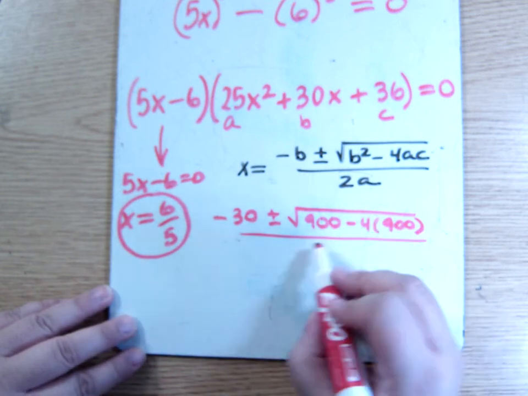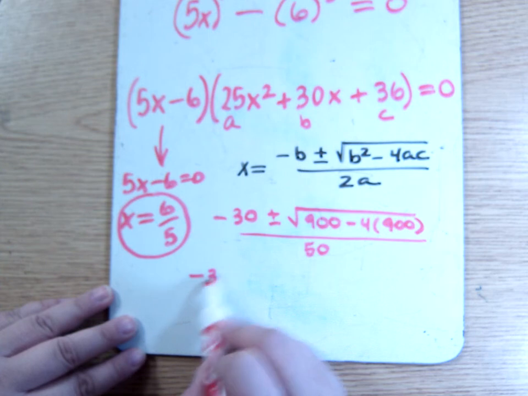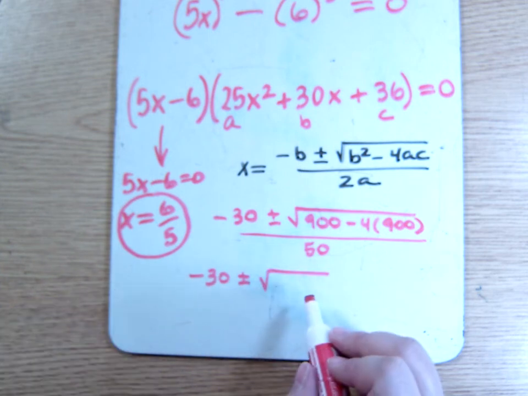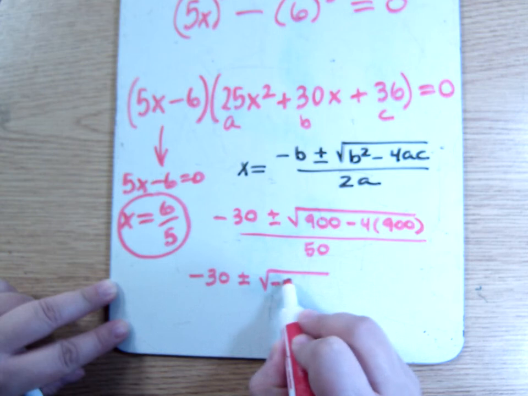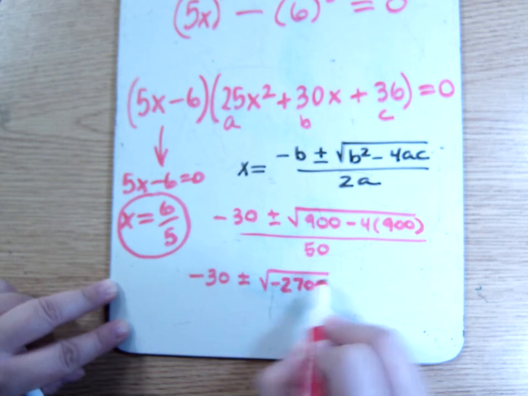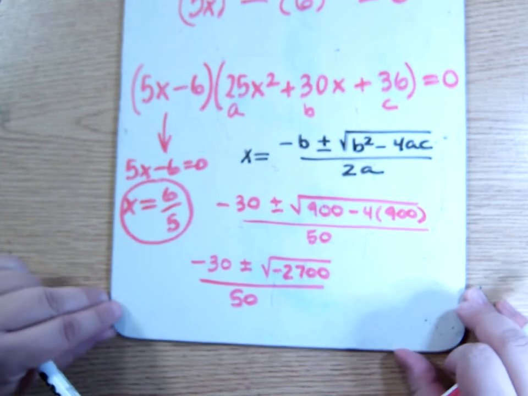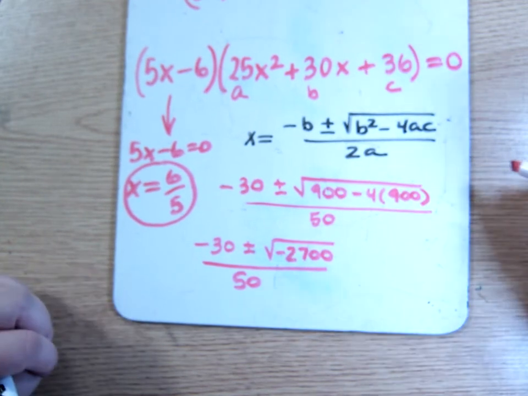All over 2 times a, so that's 50. So I have negative 30 plus or minus the square root of, let's see, it's going to be negative 3 times 900. All over 50. The biggest perfect square that goes into here is going to be 900.